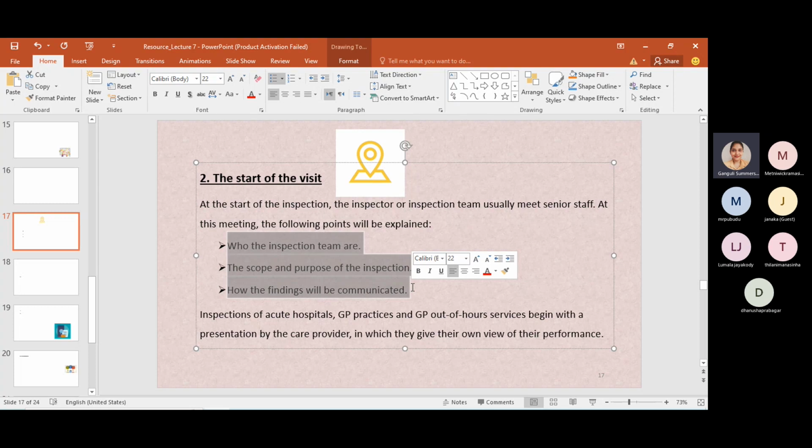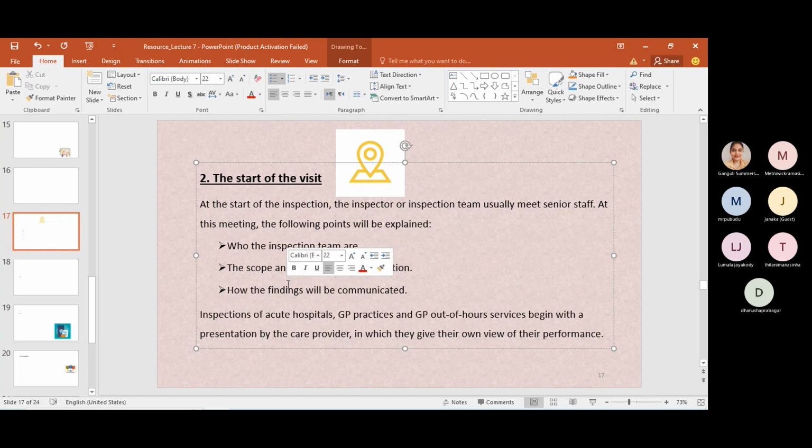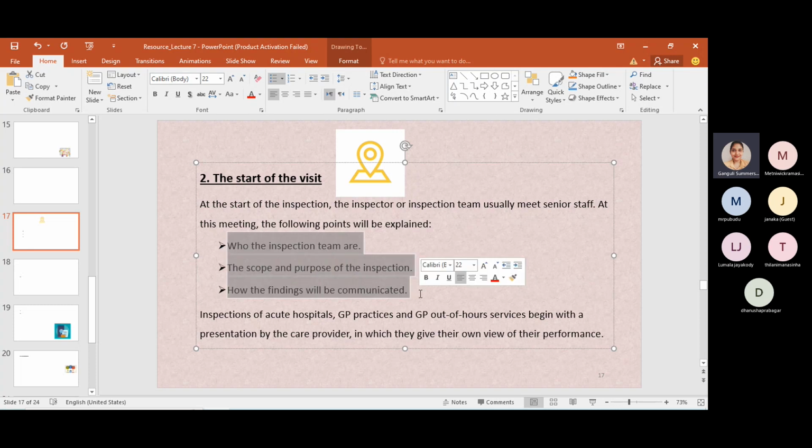Then they explain the scope and the purpose of this inspection, and how the findings will be communicated. So at the end of the inspection, you get some findings, right? So how these findings will be communicated. These points will be explained by the inspection team to the senior staff members.